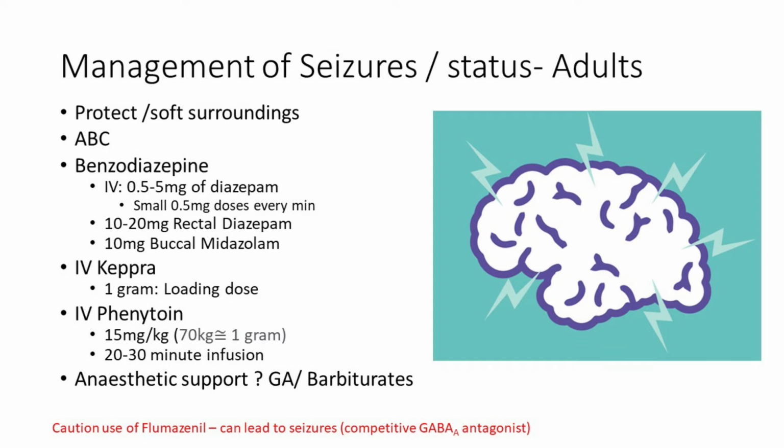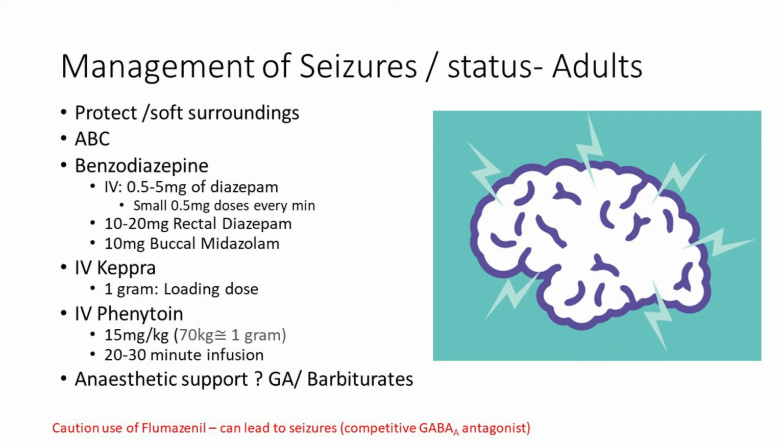And phenytoin again needs to be a slow infusion because of the alkaline base to dissolve the phenytoin in, and it's roughly, for a normal weight adult, about 1 gram you give, but again it's got to be guided by their weight, and just be careful with trying to reverse.